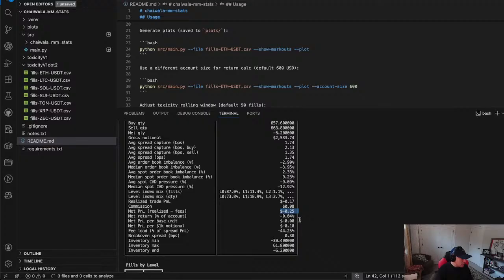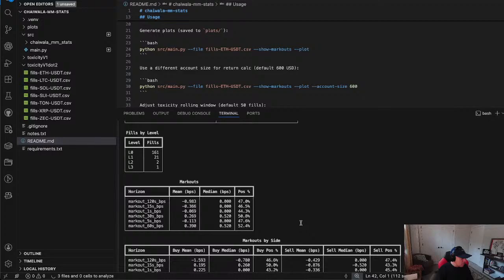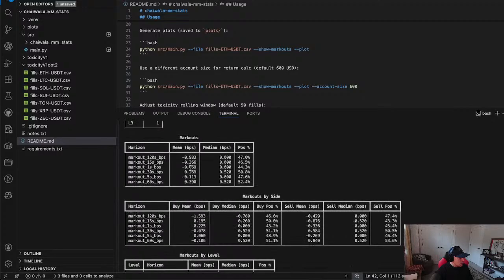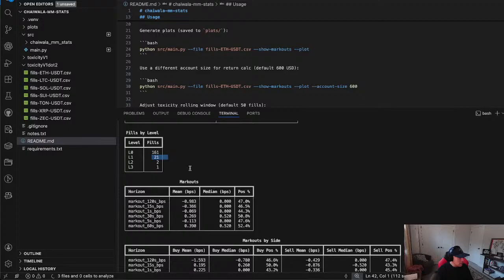Net return 4 basis points negative. We're also defining markouts, and what levels got filled. So we see 161 L0, 121 L1, and then L2 and L3. That's kind of expected. We're going to see most of our fills at the closest level to the inside of the market.